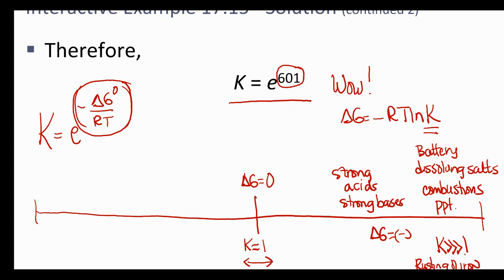And then we had reactions where delta G's were positive. We didn't realize it. Those would be where K values are very, very, very small. So insoluble salts, KSPs, that would have been when you did your lab on calcium carbonate.